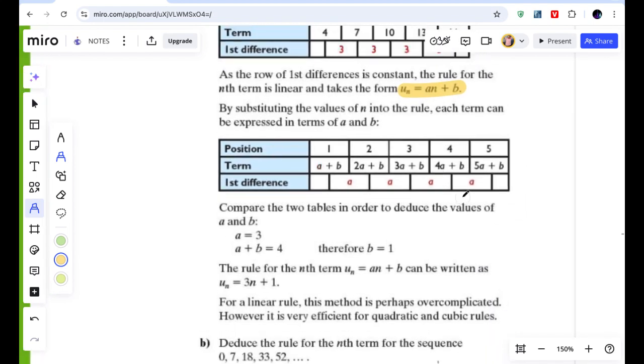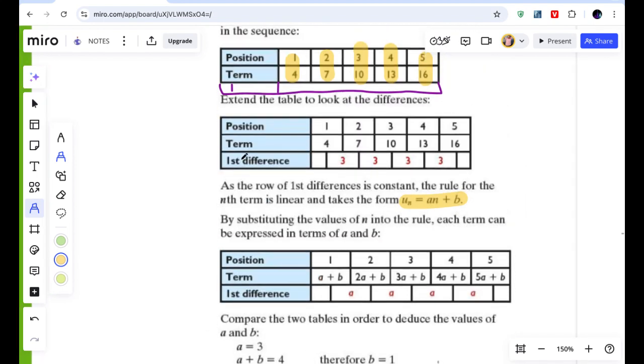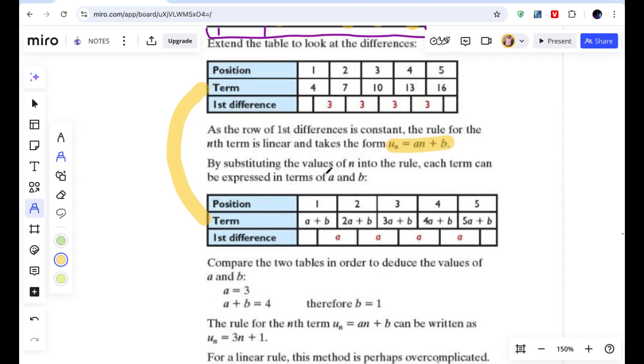An plus b. So we're going to draw another table to make comparison. We call it the comparison table. We draw position 1, 2, 3, 4, 5, and then for the first position, n is 1.